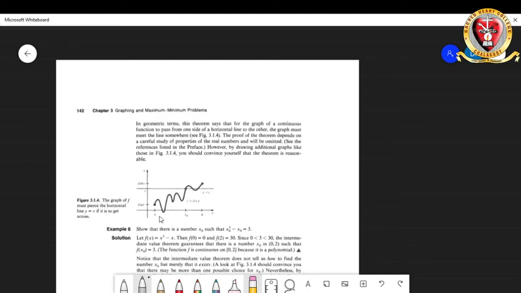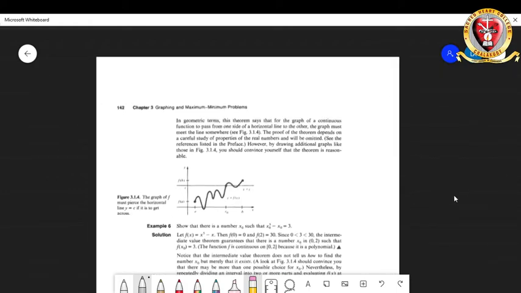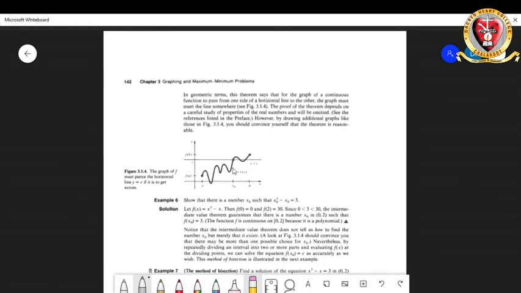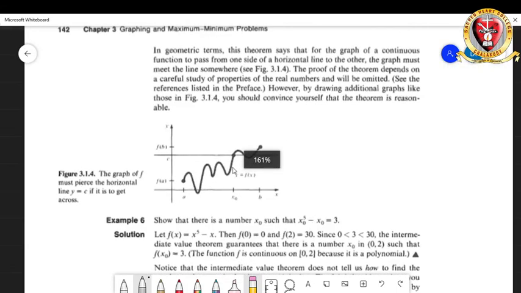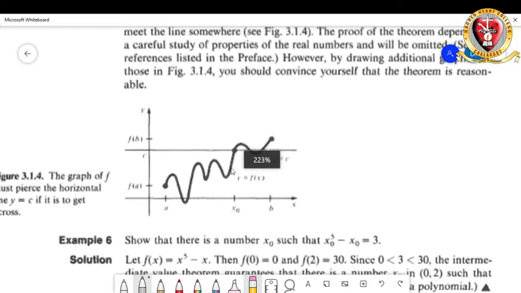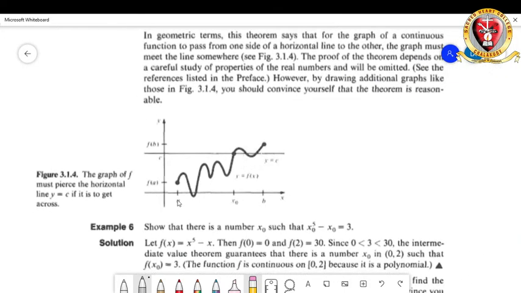You can see a function which is plotted, and you know that the function is continuous. This point is a, this point is b, and this point will be f of a and this point will be f of b. You are choosing a c in between f of a and f of b, call it c.